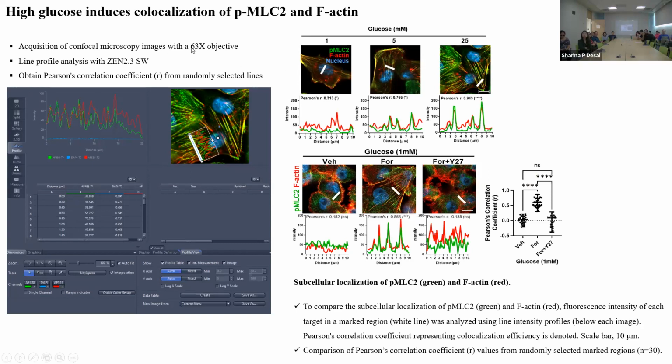Confocal microscope images were obtained using the CX7, and intensity spectra from the phosphoproteins were acquired from the image. The degree of localization was quantified by the Pearson correlation value of the two protein intensities. As a result, it was confirmed that high glucose induced the formation of actomyosin by increasing the localization of the two proteins.